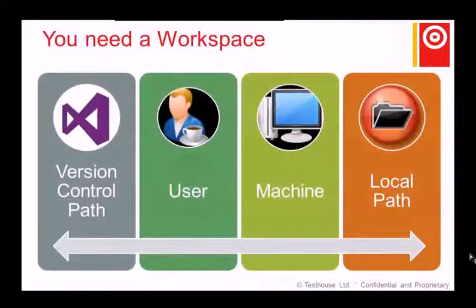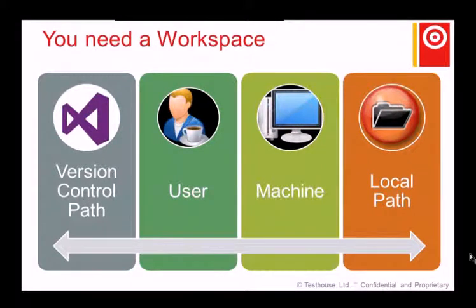So we need a workspace, and there are 4 elements to a workspace. There's the version control path, which is where on the server you can find the files I'm going to be interested in. Then every workspace has a user who owns it and a machine that it's hosted on, where the files will be coming out to, and a local path within that machine, which you can specify somewhere on your local drive.